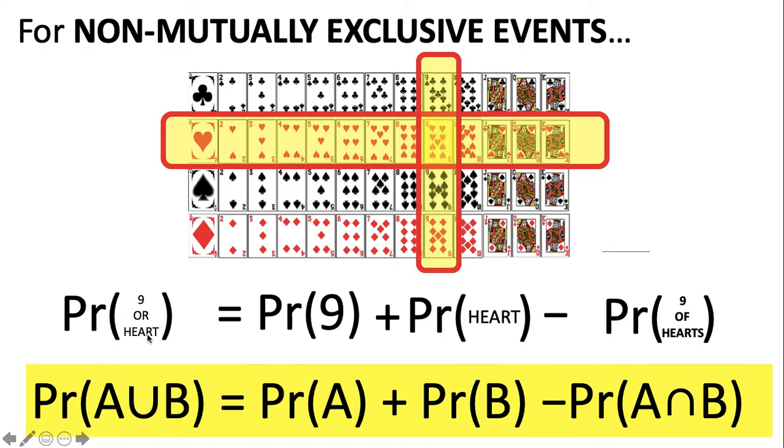So the probability of getting a 9 or a heart is 4 out of 52 plus 13 out of 52. That makes 17 out of 52. But then minus 1 out of 52 leaves you with 16 out of 52. And that makes perfect sense when you count the cards, because there are 16 cards out of the 52 that are a 9 or a heart.